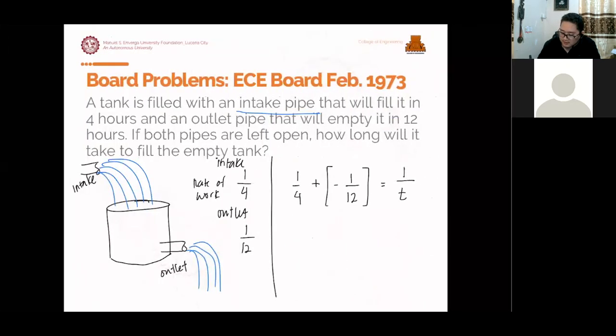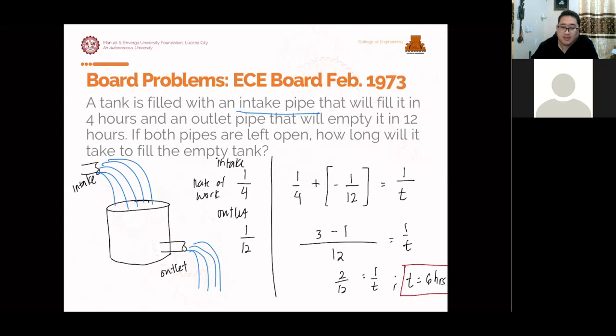So, solve natin to. Common denominator lang, LCD. So, 12 divided by 4 is 3 times 1. 3 minus 1 is equals to 1/t. So, this will be 2/12 equals to 1/t, or t is equals to 6 hours. Okay?